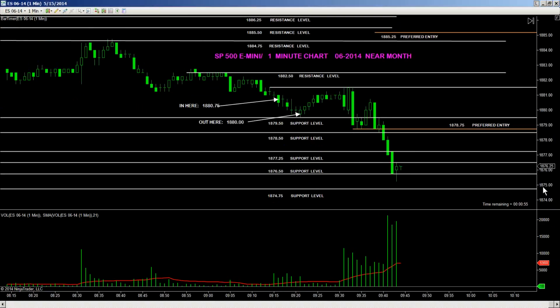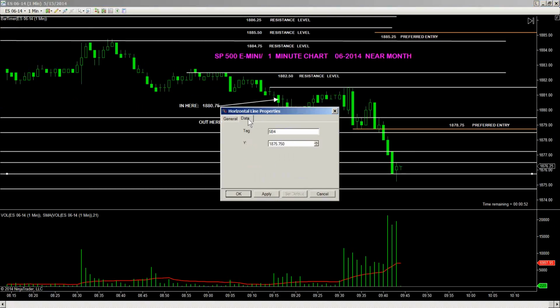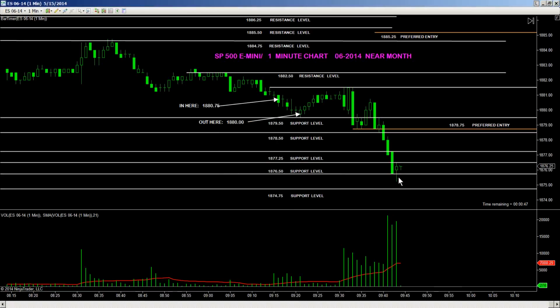Price is now holding at the 1875.75 level, people. You can take that profit off the table right now. That's 1875.75. Before they have a chance to move up, you can take that off. You're at 1876.50, 1876.25 right now.